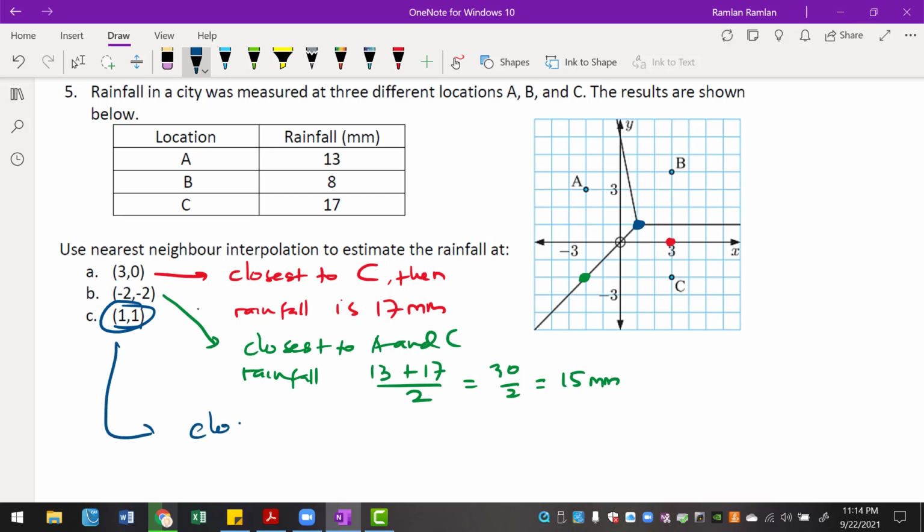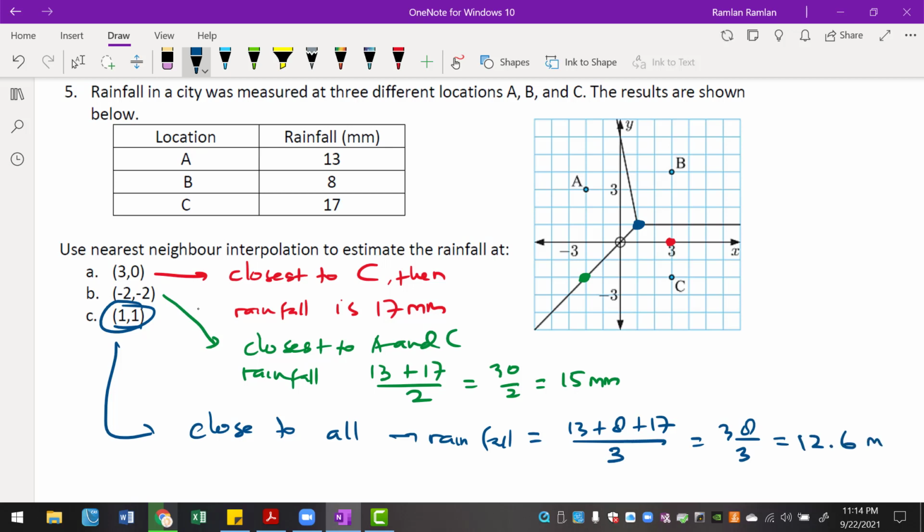It has the same exact distance, so the rainfall will be equal to 13 plus 8 plus 17 divided by 3, because we have 3 sides. Okay, 13 plus 8 plus 17 is going to be 38 over 3 millimeter, or I can write this as 12.7 millimeter.